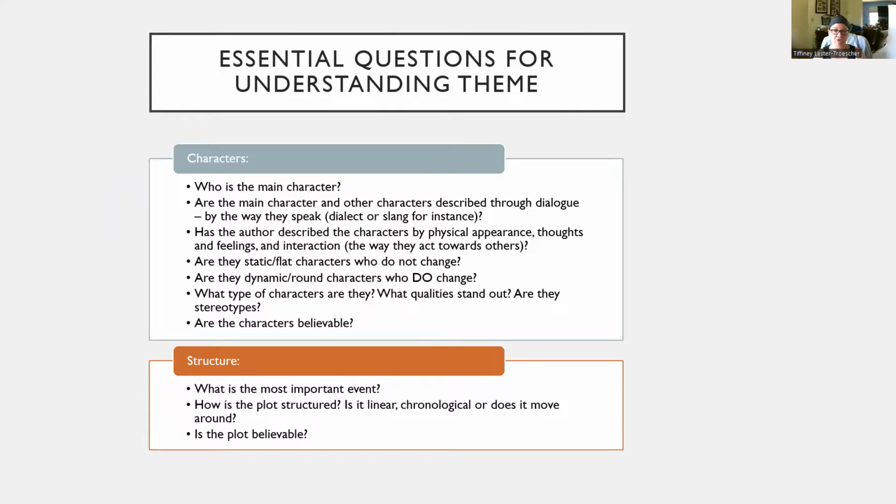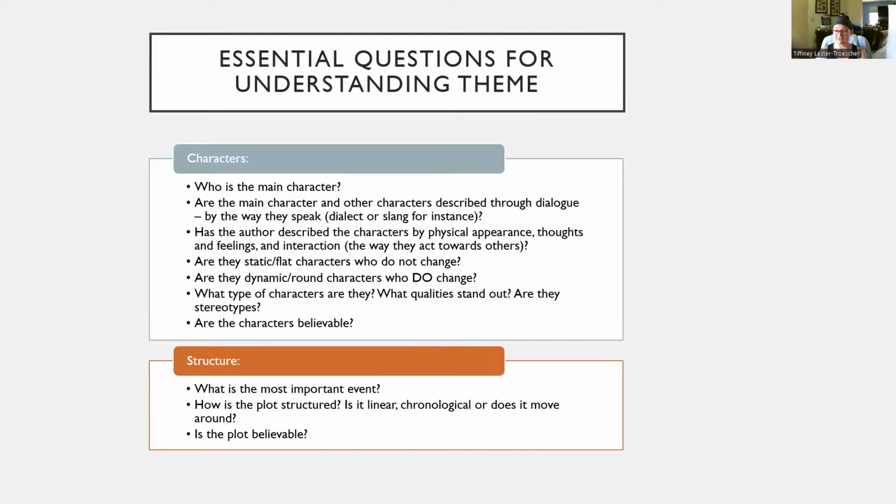Some essential questions for understanding the theme. First, think about the characters. Who is the main character? Are the main characters and other characters described through dialogue, by the way they speak, right? Is there a dialect or slang that's being used, for instance? Has the author described the characters by physical appearance, by their thoughts and feelings, by their interactions with others?